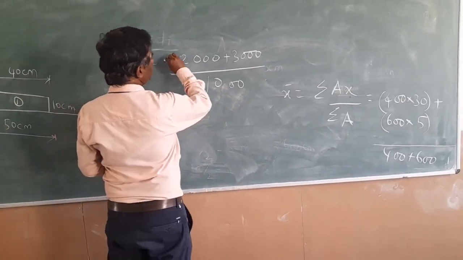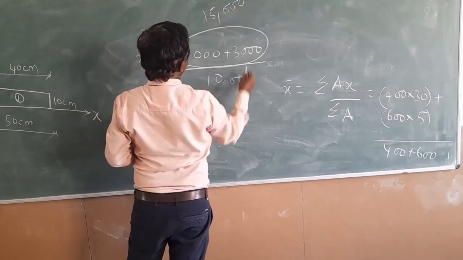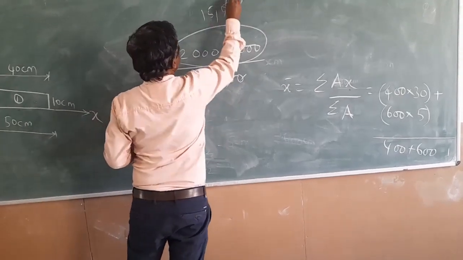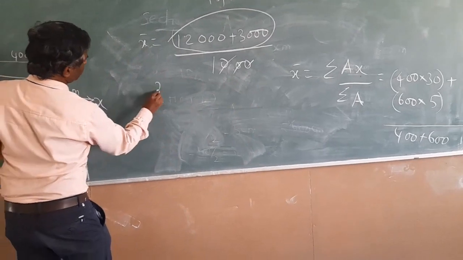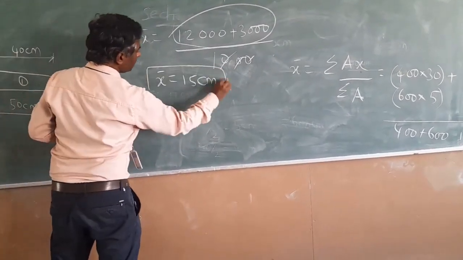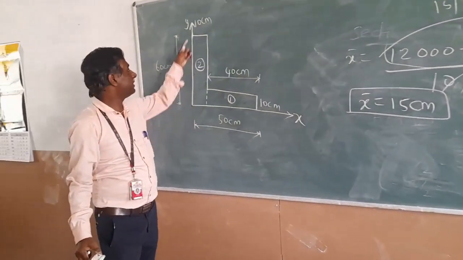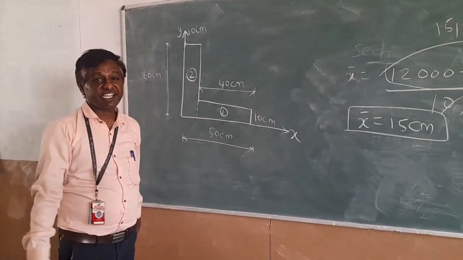So this is 15,000, so this is cancelled. So x bar equal to 15. Simply it is 15 centimeter, and this value is measured from here only, so that the reference axis has been taken.